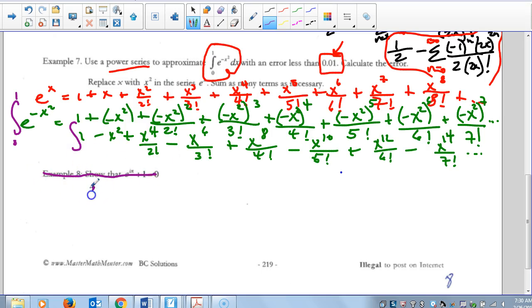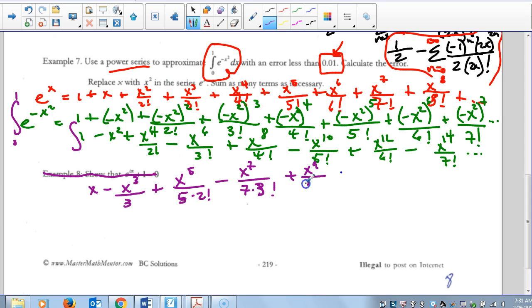I'm going to get x minus x cubed over 3 plus x to the 5th over 5 times 2 factorial minus x to the 7th over 7 times 3 factorial. There's a lag in this. This poor computer has been on far too long. This is plus x to the 9th over 9 times 4 factorial.